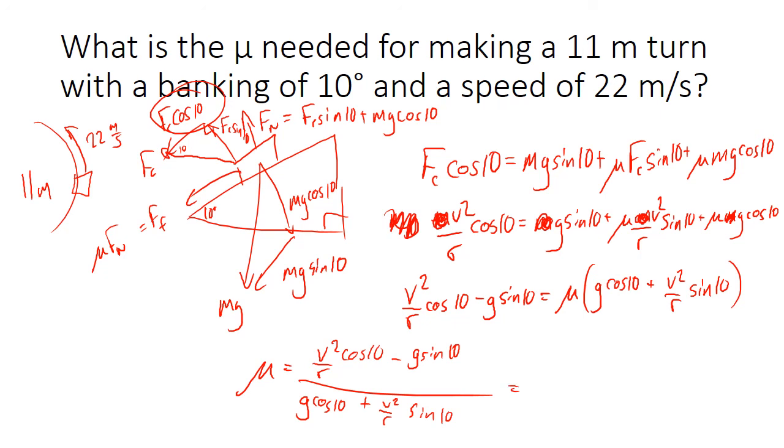All right, calculator time. v is 22 squared divided by 11 times cosine 10, I need a parenthesis, minus 9.8 sine 10, divided by parentheses 9.8 cosine 10 plus v squared over 11 times sine 10, and parentheses, enter. 2.4, sticky stuff.